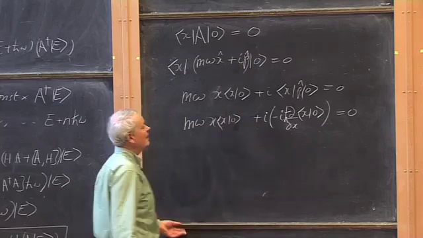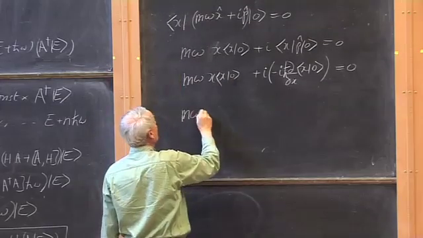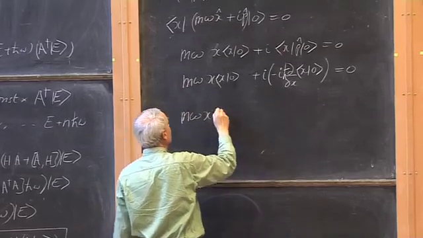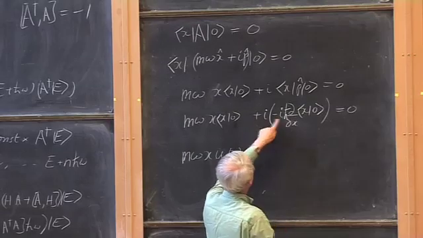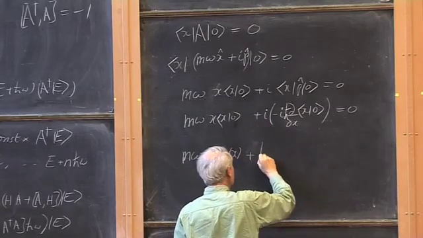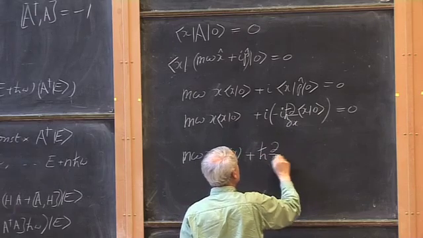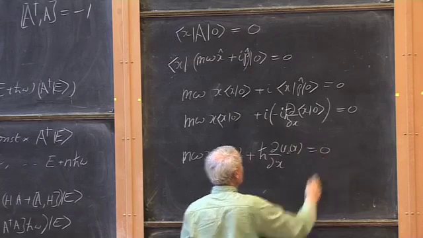If I rewrite that in wave function notation, it becomes m omega x u0 of x plus h bar d by dx of u0 of x equals 0. So what is this?